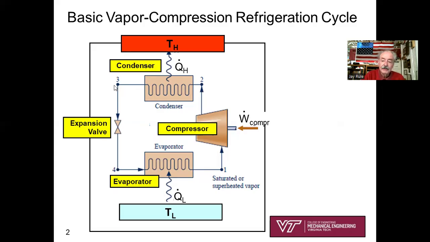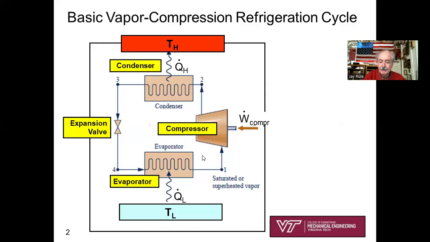The pressure is going to drop from 3 to 4 through an expansion valve, in other words, a restriction in the line. And we showed that, in the absence of kinetic energy change, that's going to be a constant enthalpy process. With the pressure dropping, you're going to be underneath the vapor dome, and that's what makes that refrigerant really, really cold at state 4.